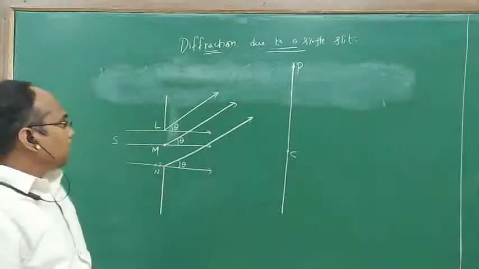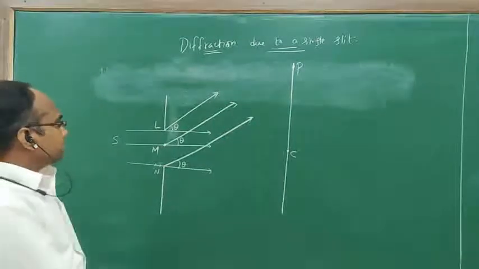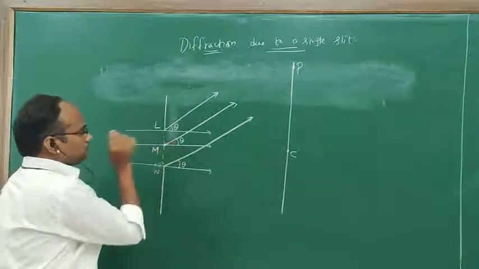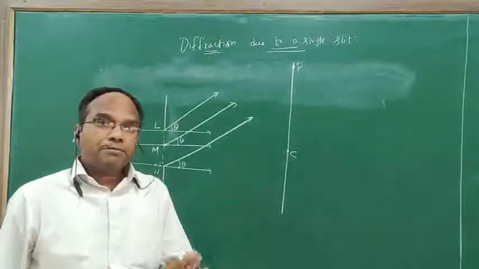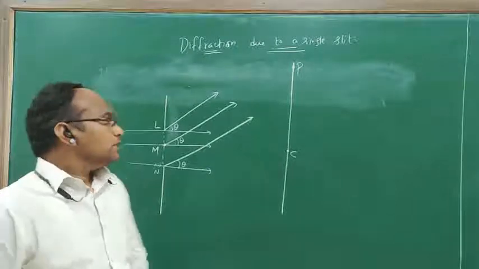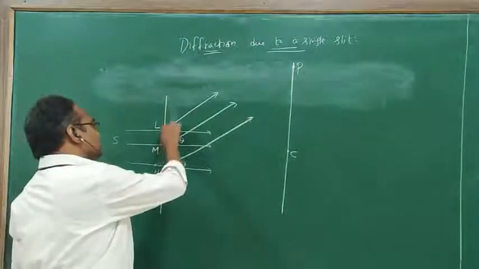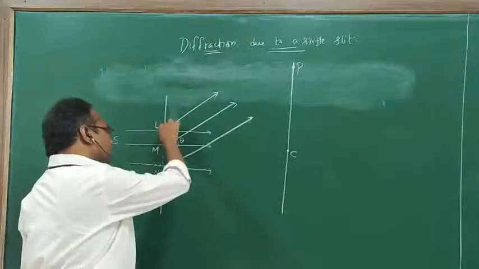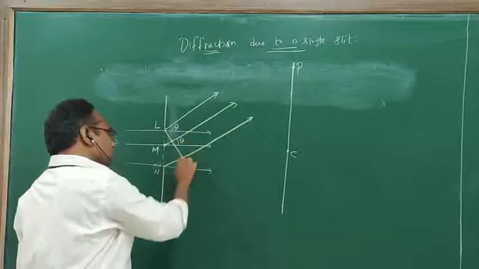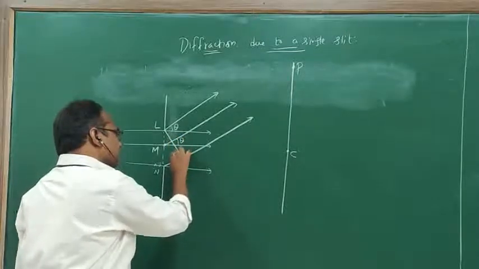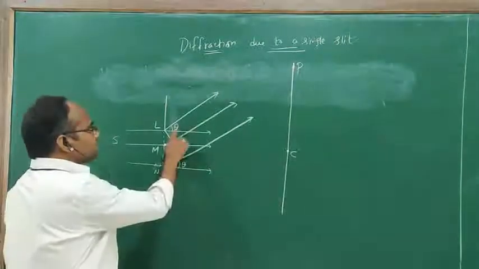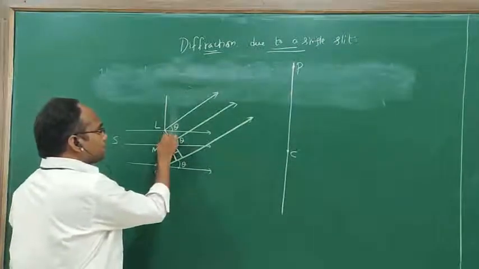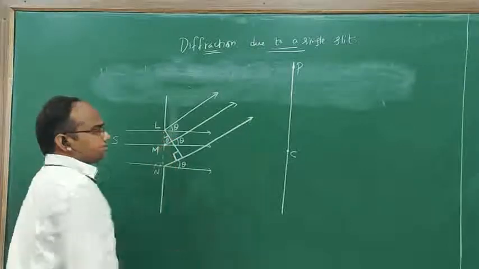Okay. Now, what I am doing is, I am drawing a perpendicular from L. How to draw it? So this is a perpendicular. So what is this one? This is an angle theta, nothing but 90 degrees. So when this is angle theta, therefore this is also angle theta.